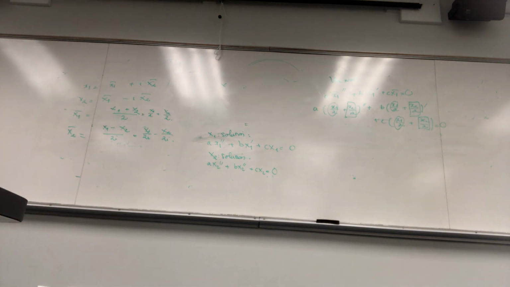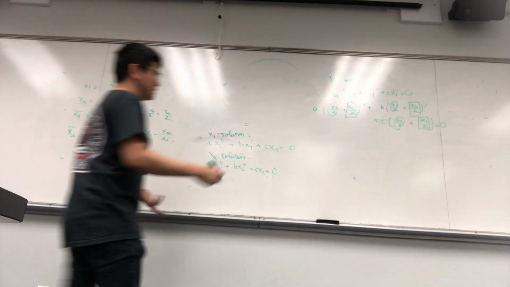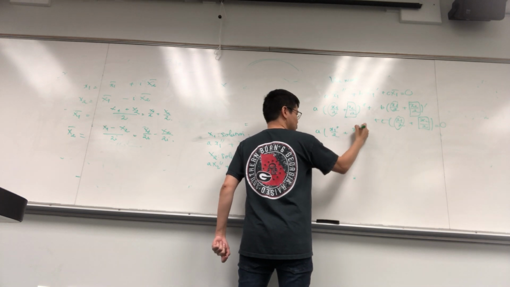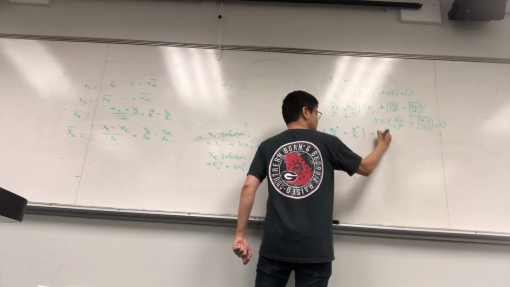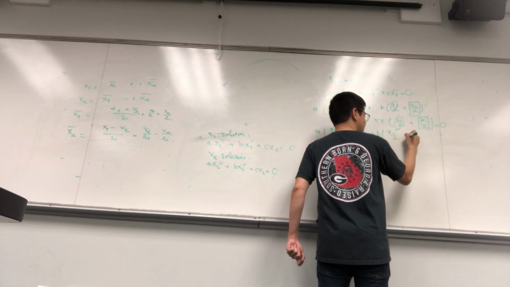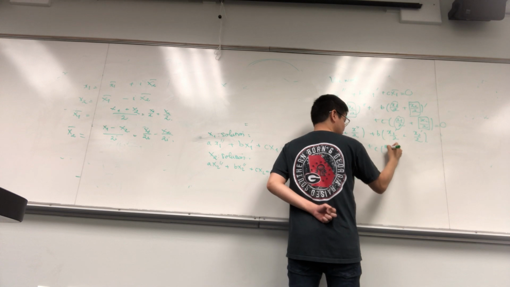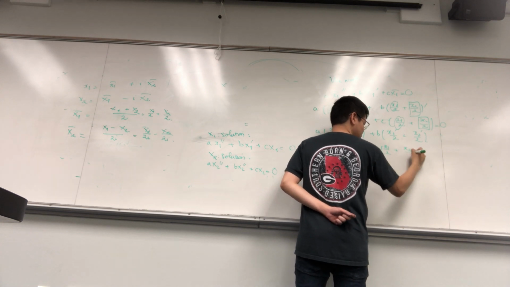I have a x1 second over 2 plus x2 second over 2, plus b x1 prime over 2 plus x2 prime over 2, plus c x1 over 2 plus x2 over 2.